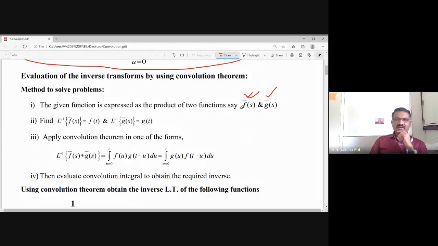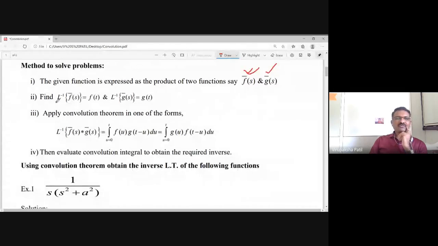The second step is to find the inverse of that f bar s and g bar s, meaning you have to express these s functions in terms of t. That is the second stage.